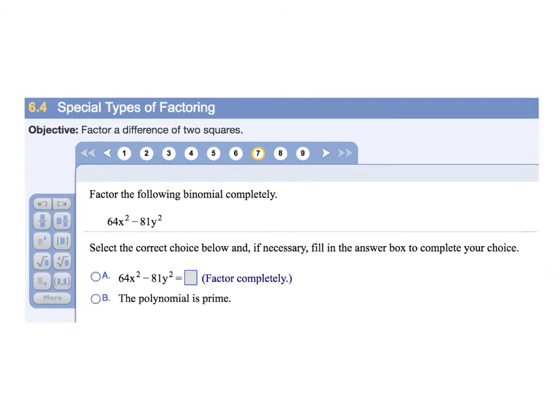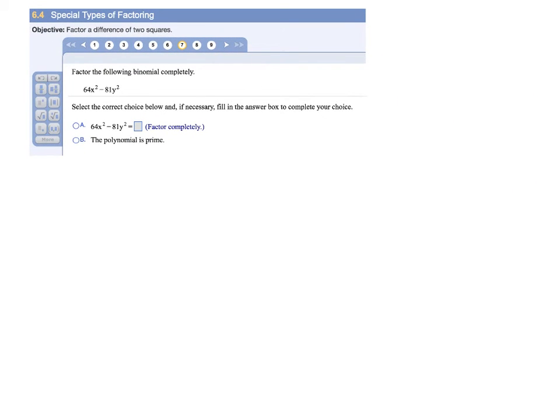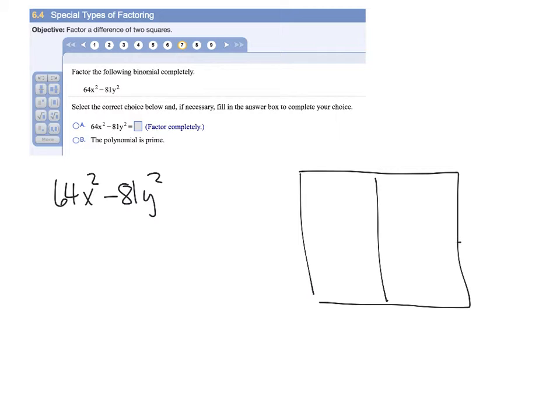Believe it or not, this is the exact same thing, it's just uglier. So you've got 64x squared minus 81y squared. So when we put our box here, we know that 64x squared is going to go there, and we know that 81y squared is going to go there. Oh, that's a negative 81y squared.